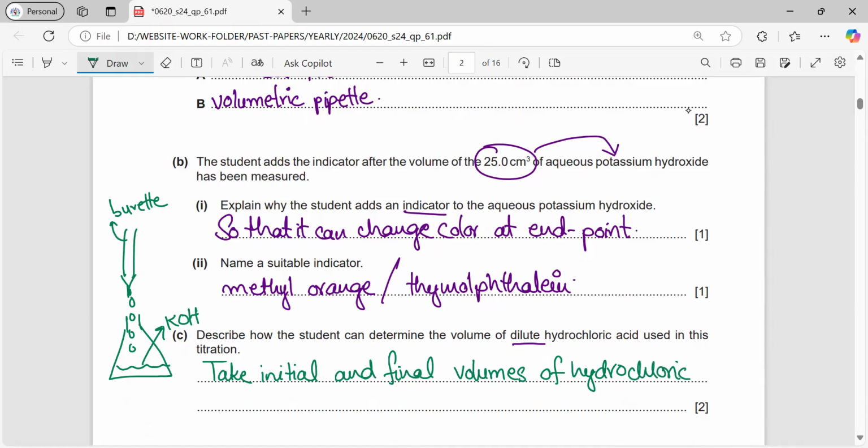And the second point will be that we'll take the difference of final minus initial. So we'll do final minus initial, which gives us the total volume used. The total volume which has been used or taken up by the KOH to become neutral.